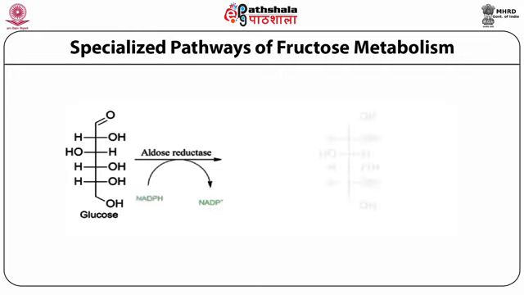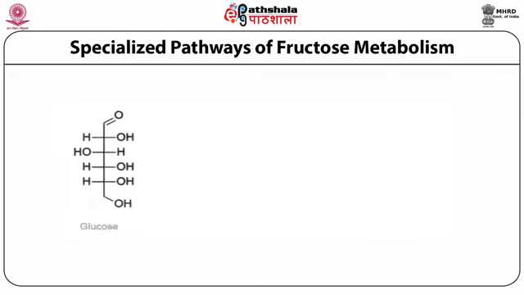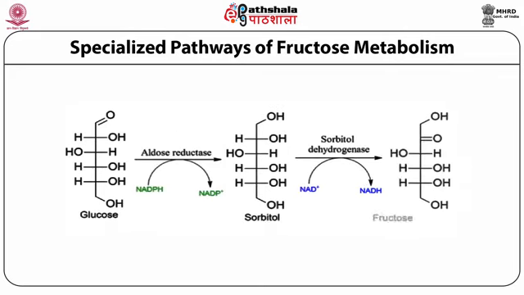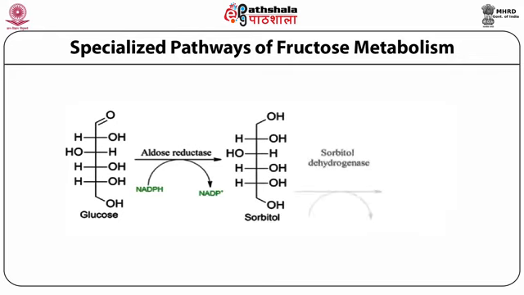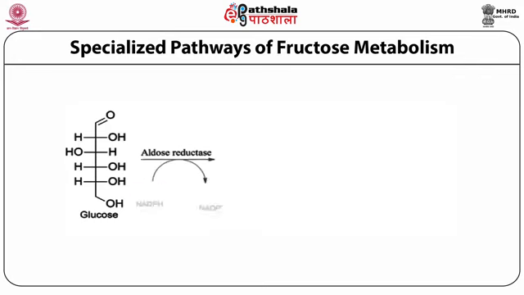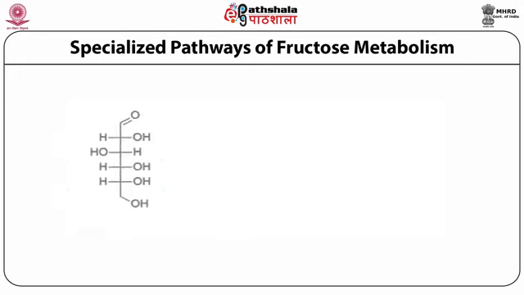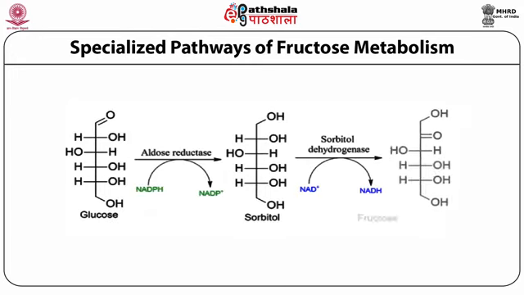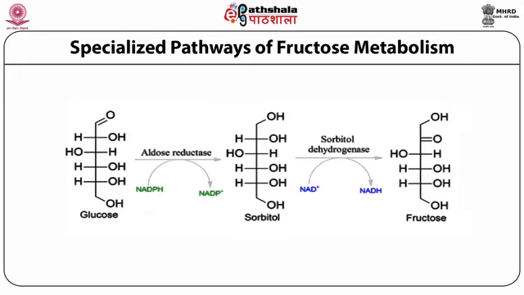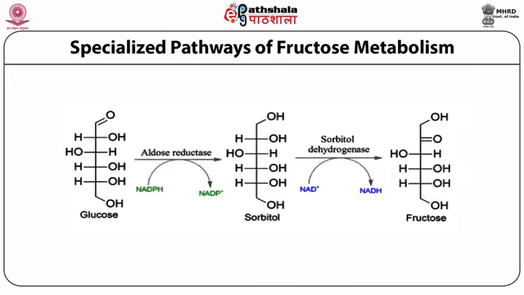The pathway involves reduction of glucose to sorbitol and oxidation of the latter to fructose. The fructose concentration of semen may reach 10 millimolar. Most of this is available for the spermatozoa because fructose is utilized sparingly by the other tissues that come in contact with the seminal fluid.